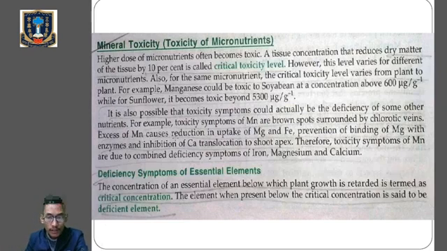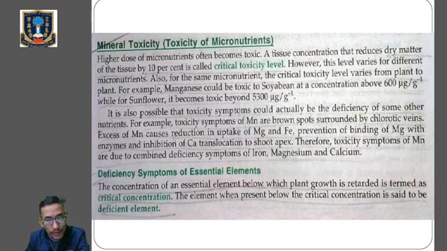These elements are very essential because in their absence or in their excess, plants can suffer from different types of diseases. It is also possible that toxicity symptoms could actually be the deficiency of some other nutrients.